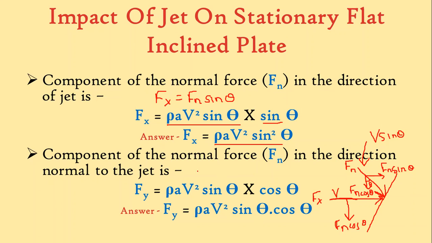So this is the value of Fn, rho a v square sine theta, into cos theta. So the value of force in the direction normal to the direction of the jet is rho a v square sine theta cos theta.